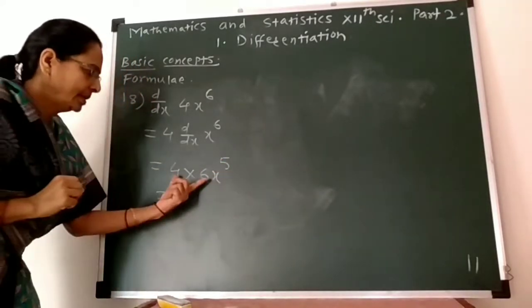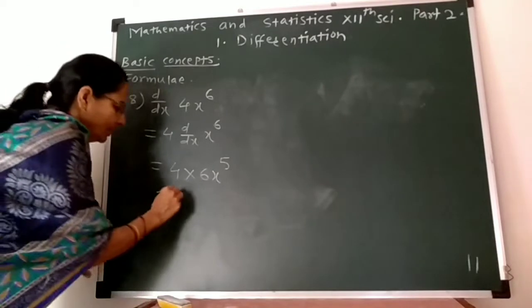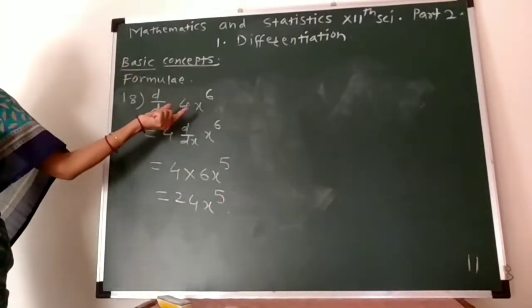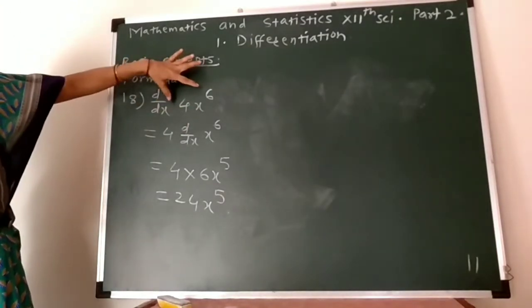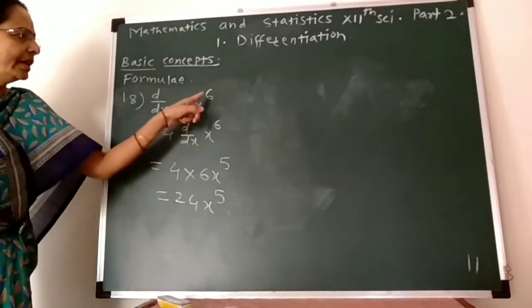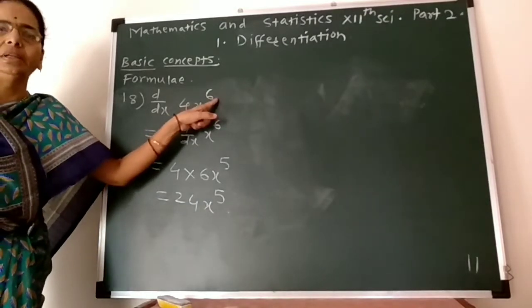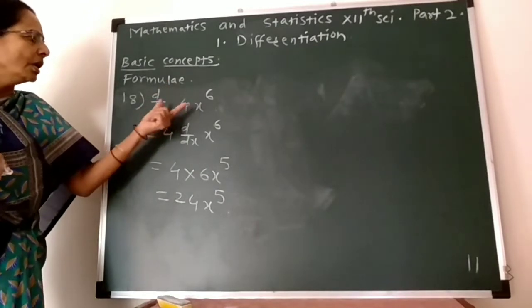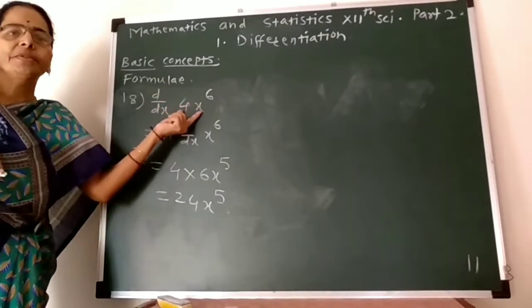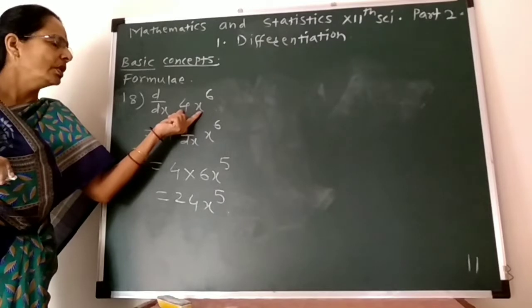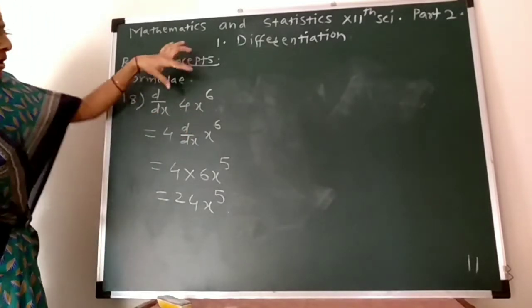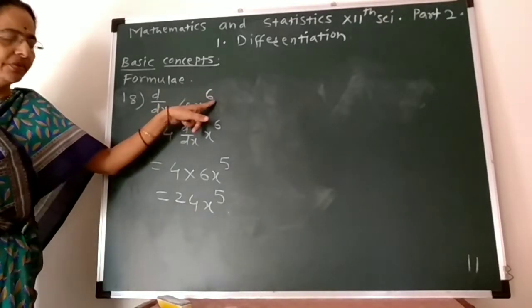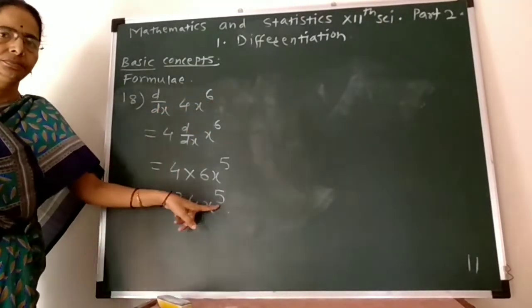So the product is 24 x raised to 5. That means in such a case always remember to take the product of these two and decrease the index by 1.